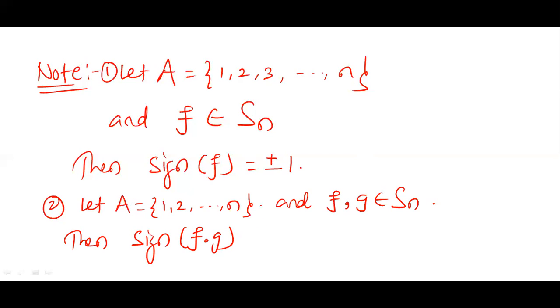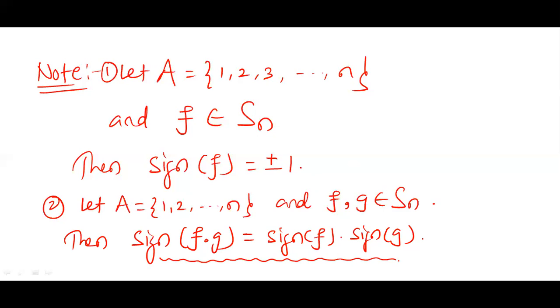Okay. And signature of F composition G is nothing but product of signature of F and signature of permutation G. This is a very important result of a permutation. Okay. Let's see note number 3.